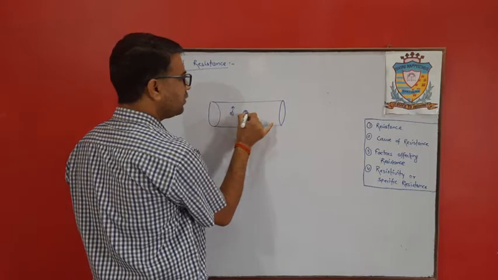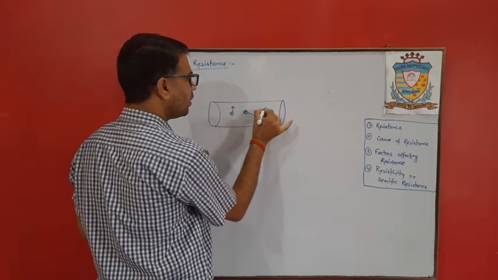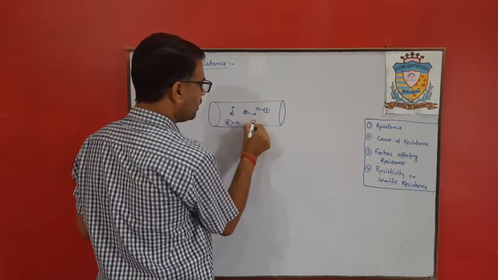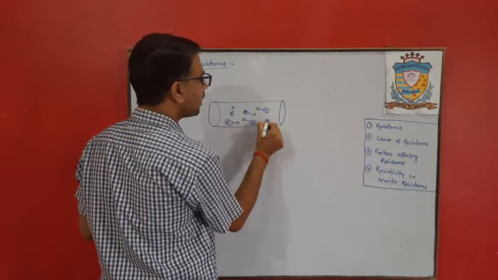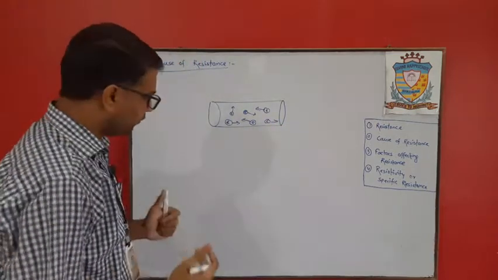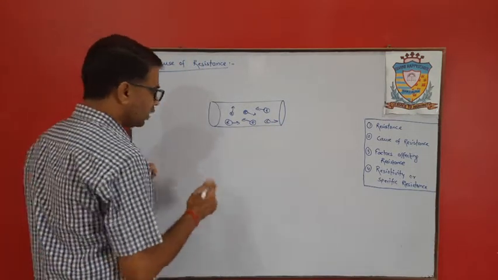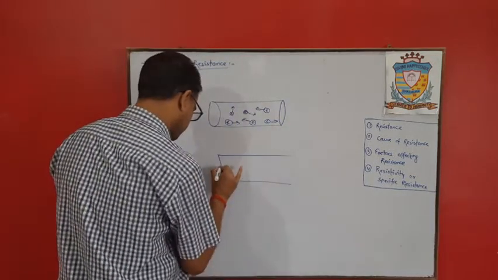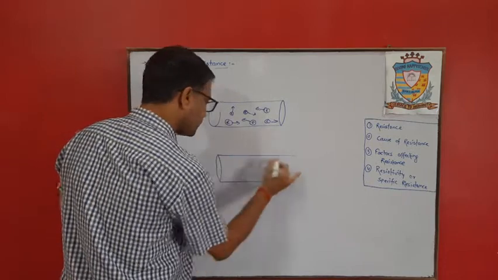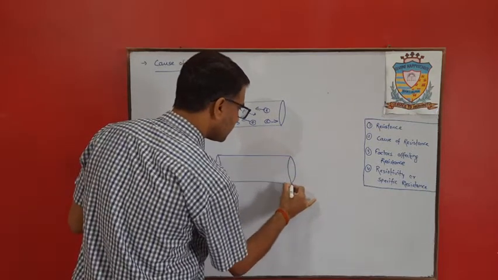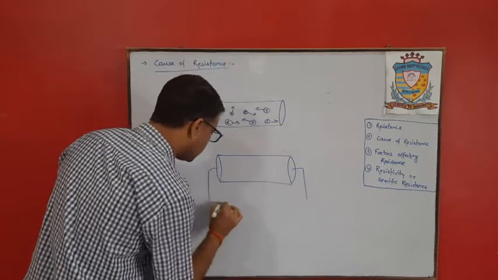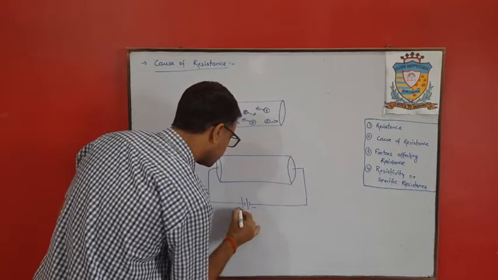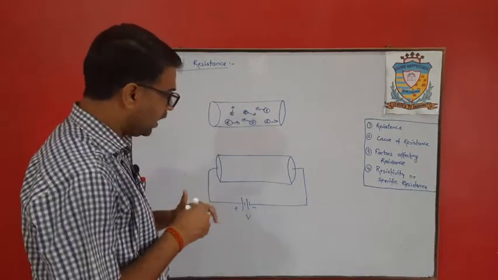If nothing is applied, all the electrons will be in random motion inside the conductor. Clear? But if we apply potential through its ends, so if we connect a cell or battery, now what will happen?